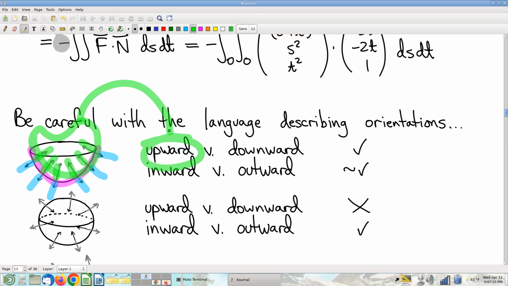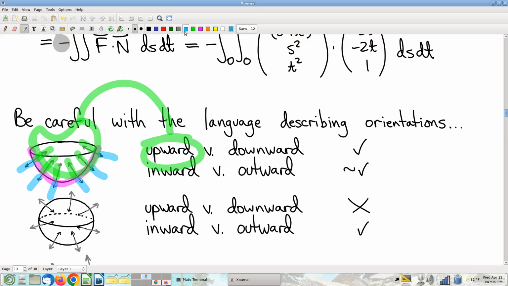Whereas the blue vectors, not a one is in any sense upward. All of the blue vectors have negative z components, so they're just not upward at all. And all of the green vectors are at least somewhat upward. So the word upward unambiguously distinguishes the green option between these two choices.